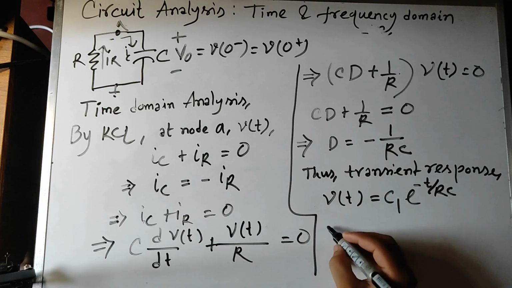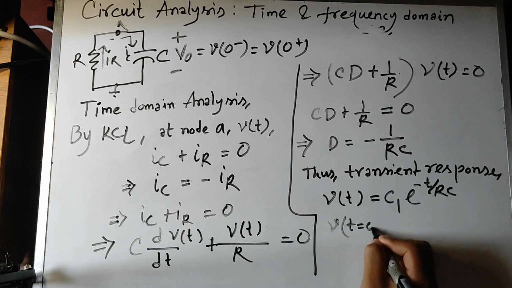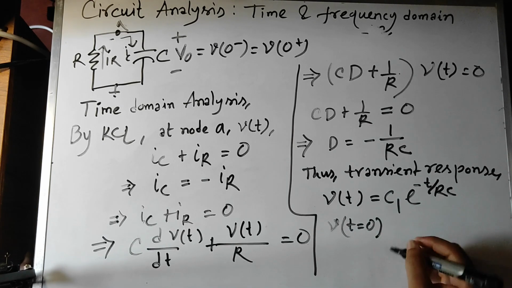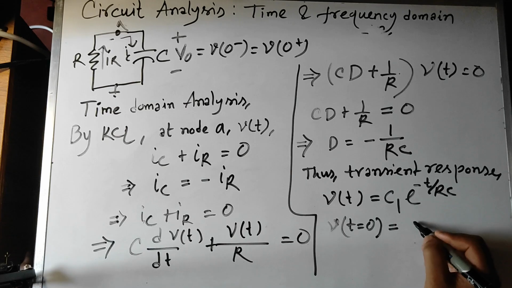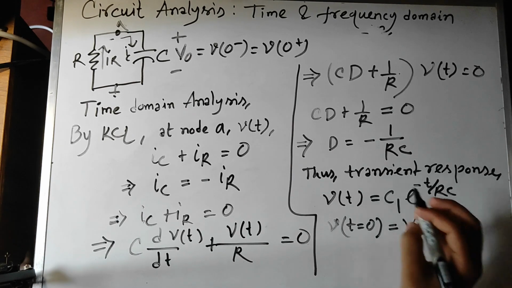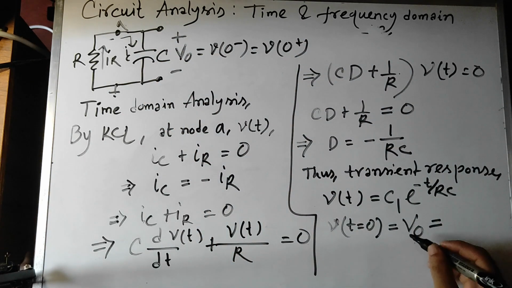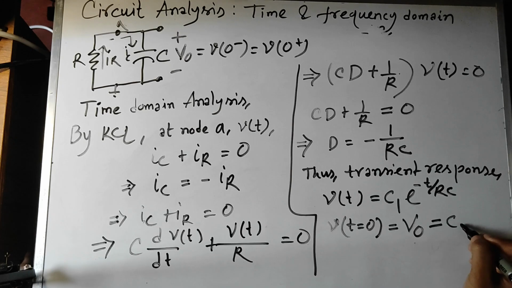So V(t) at t equals 0 is V0, which is obviously C1 e to the power 0.